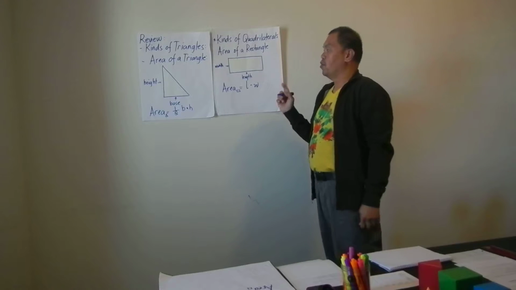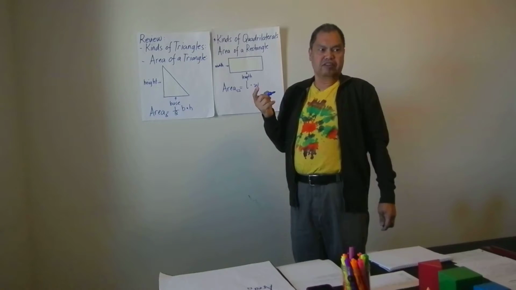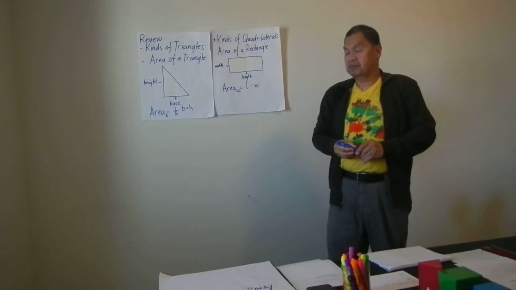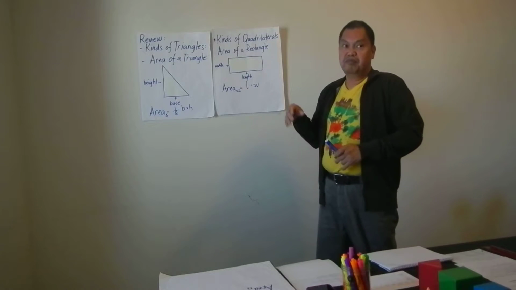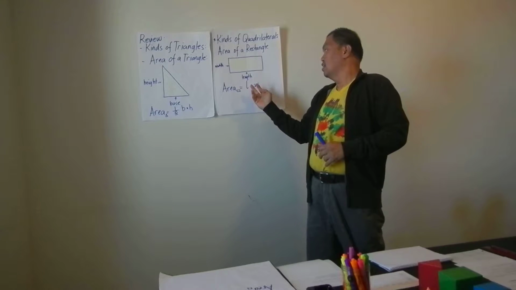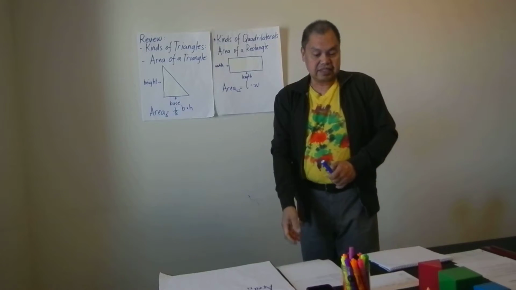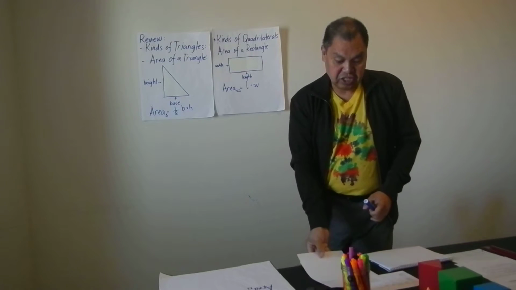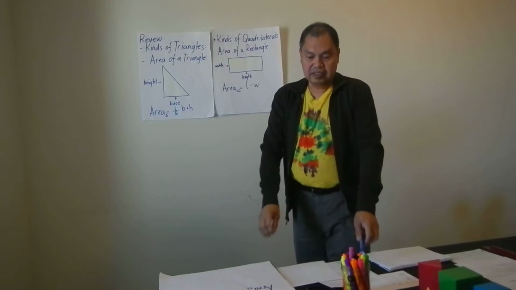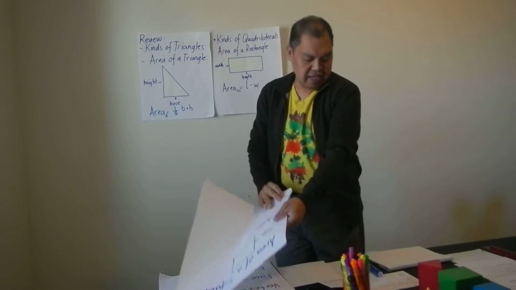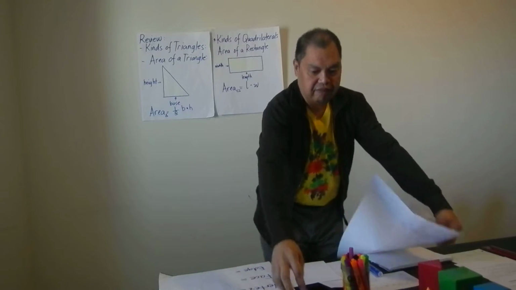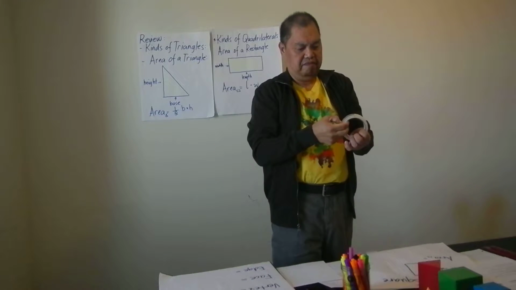Remember that we use a point or a small x in order to identify that it is a multiplication, or we can just write the two letters, which automatically says that it is a multiplication. And likewise, we need to remember the area of a square.